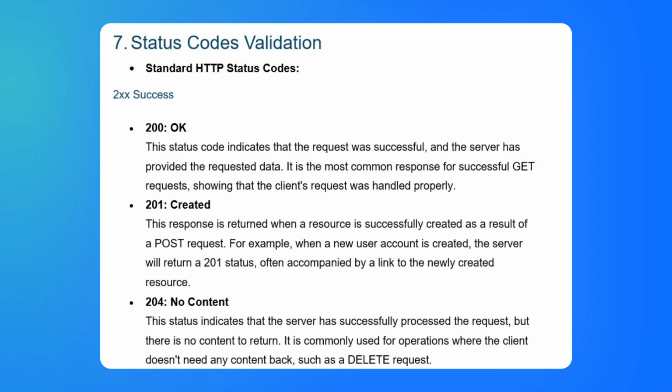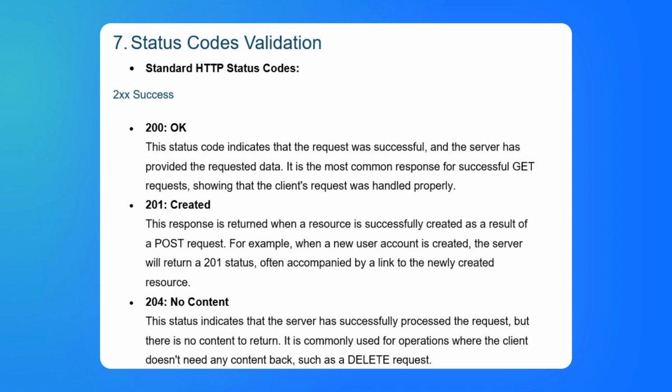As you know, in this case we had created a job title, and the response was 201. This response is returned when a resource is successfully created as a result of a post request. Then we have 204 no content. This status indicates that the server has successfully processed the request, but there is no content to return.